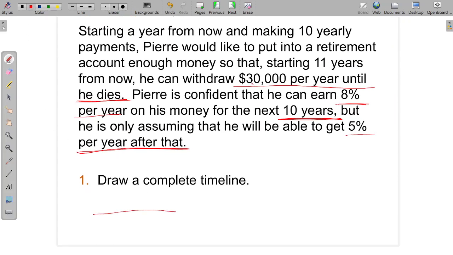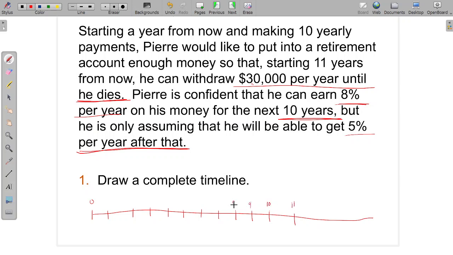We draw a timeline. So we have 0, we have 1. He's paying for 10 years, so we have the payments 2, 3, 4, 5, 6, 7, 8, 9, 10. That is the payment for 10 years. Then this is the 11th year.